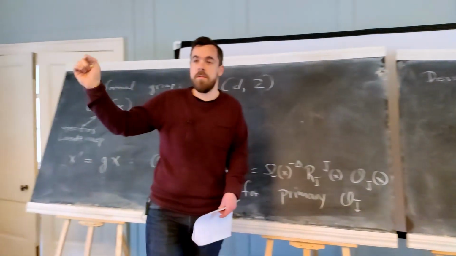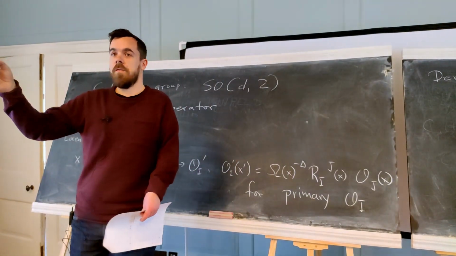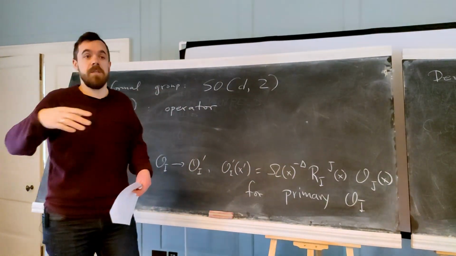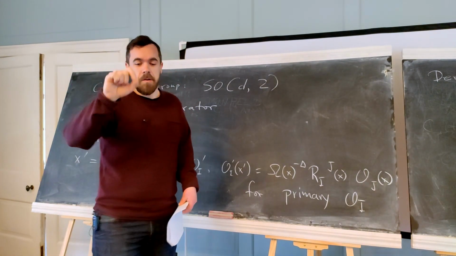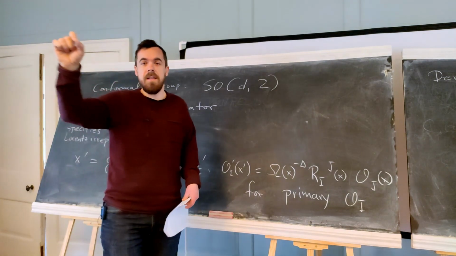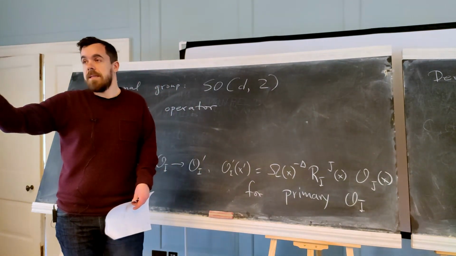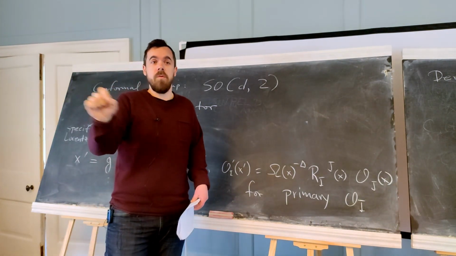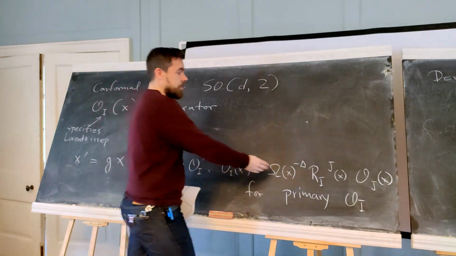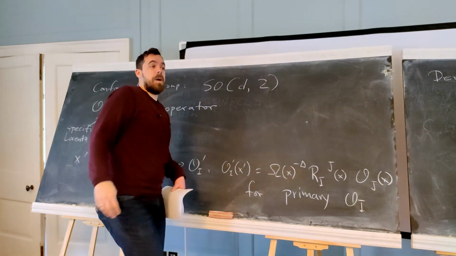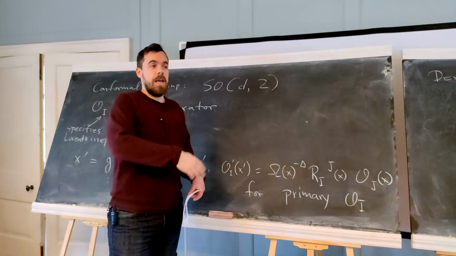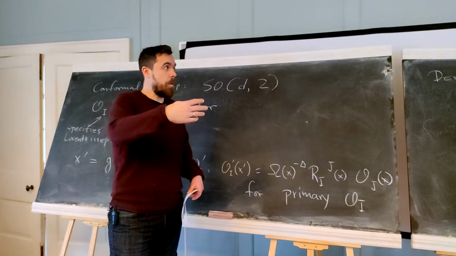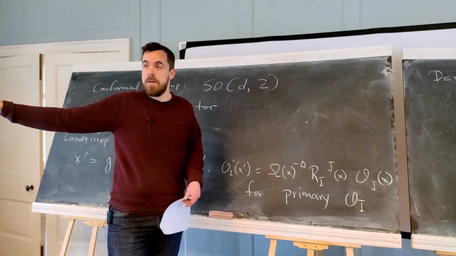Say you have some continuous global symmetry and an associated conserved current. Then the divergence of the current would be a descendant because it's a derivative, but you can show it's also a primary. It satisfies this relation as well. But the divergence of a current is 0 because the current is conserved, and therefore that operator is sort of removed from the theory.